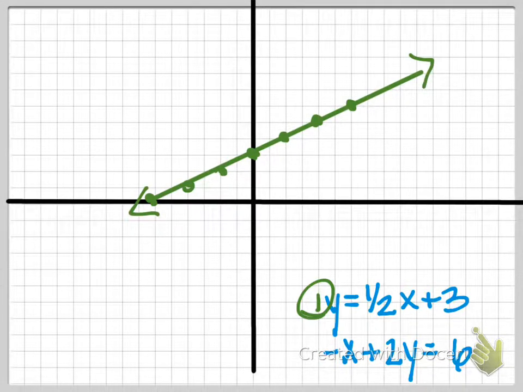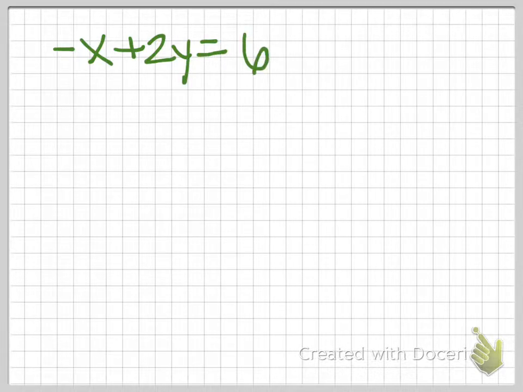Make it nice. Now, this other equation, we're going to need to change around a little bit. So, we have -x plus 2y equals 6. Let's go to a blank page over here. We'll just work it out. So, -x plus 2y equals 6. Okay, so we need to get y by itself.